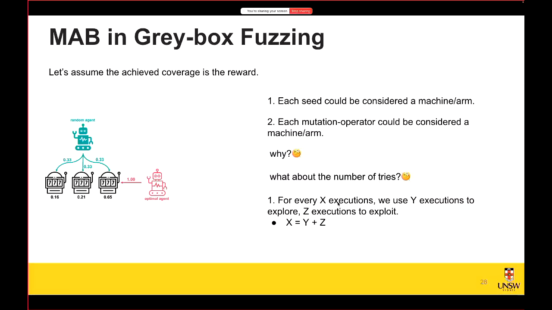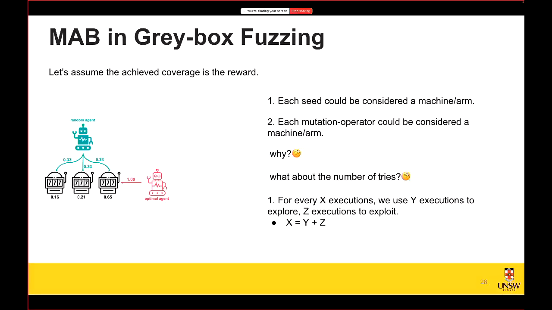For every X executions, we can use a portion of the executions to explore and use the rest of the executions to exploit. It's similar to using attempts and time as the budget in the optimization problem.